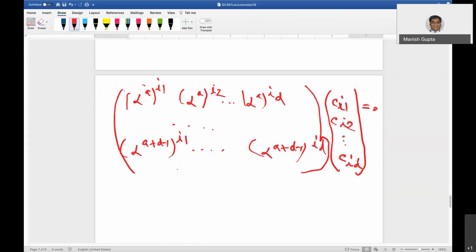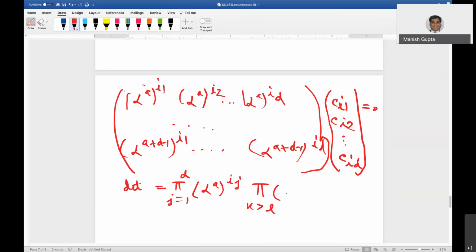Now this is a matrix, and I can compute basically the determinant of this matrix. The determinant is a product over j from 1 to D. This kind of matrix is known as a Vandermonde matrix, so I'm not going to talk about it, but it's easy to compute the determinant of this matrix.